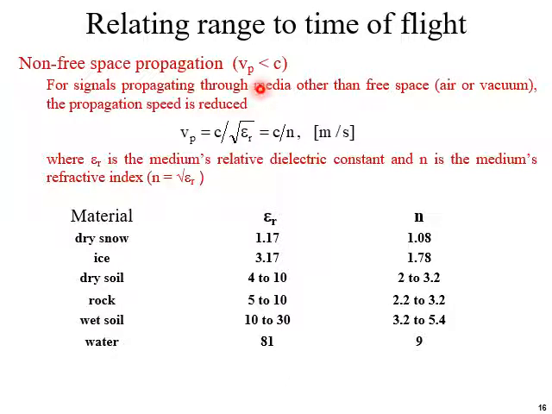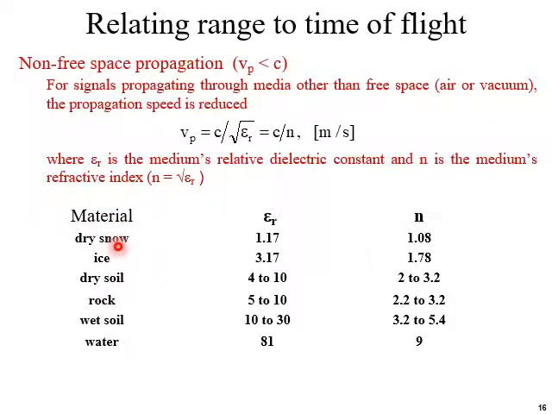Now, if the intervening medium is not free space, then we have to consider the material properties. So Vp is equal to c by root over epsilon r, where epsilon r is the relative permittivity of that particular medium, and generally the refractive index is proportional to the square root of the dielectric constant. Epsilon r is also called the dielectric constant. So Vp is equal to c by root over epsilon r, or c by n, where n is the refractive index.